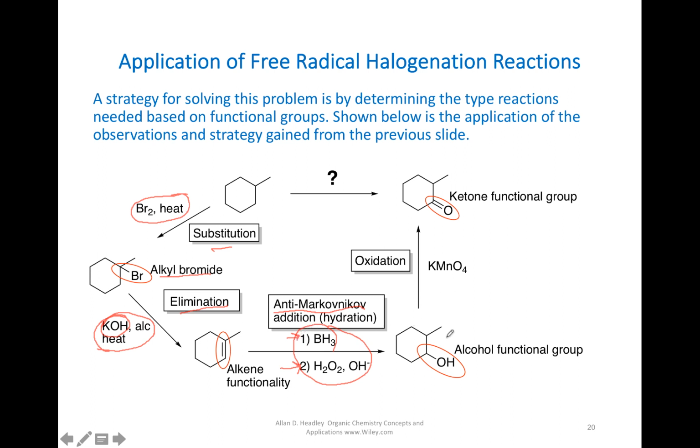The last portion of the synthesis is going from an alcohol to a ketone, an oxidation. A common oxidizing agent is potassium permanganate. So this is what I would expect as the solution for that question that asks, how do you transform this molecule into the target molecule given?